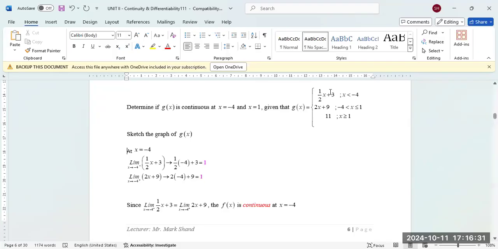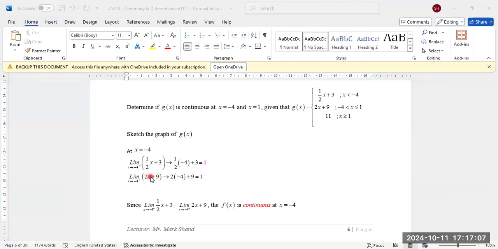The left means negative. Yes, sir, it's going down, or to the right. Good. So when I'm looking to the left of -4, I have to use a half x plus 3, which is this function. When I'm looking to the right of -4, I have to use this other function, 2x plus 9.